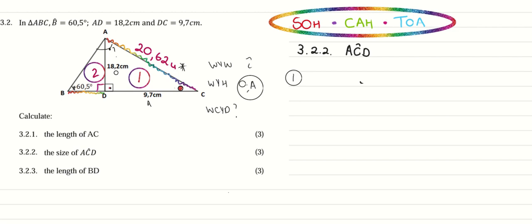And so we can say that tangent of angle C is the opposite over the adjacent, which is 18.2 over the 9.7.